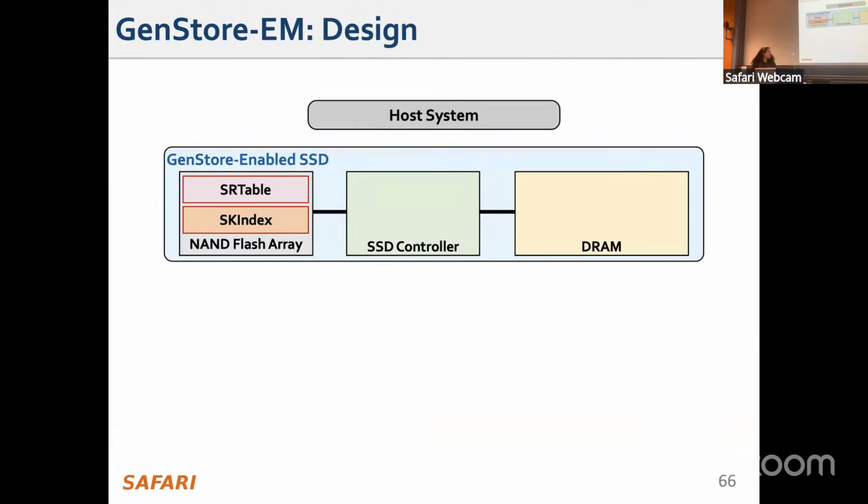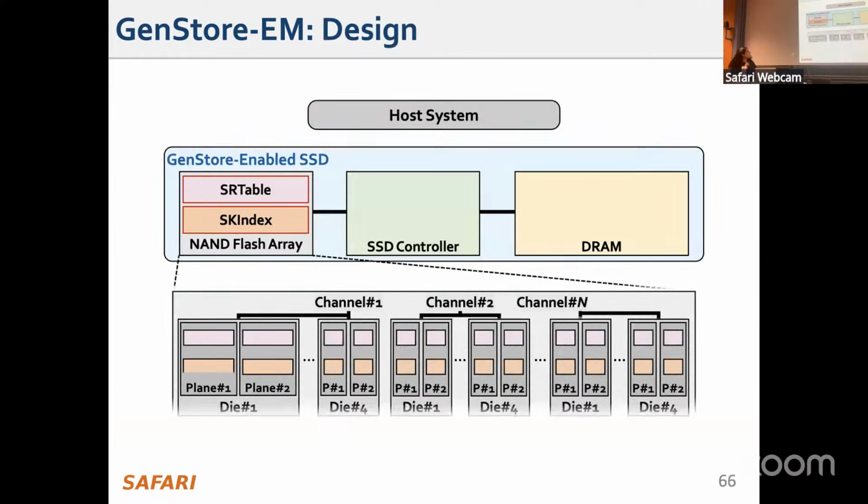And okay, so how does this look? This is a very high-level overview of the GenStore-enabled SSD. We have NAND flash arrays, the SSD controller, and that tiny little DRAM we talked about. These two tables, the sorted read table and the sorted k-mer index, are in the NAND flash array.